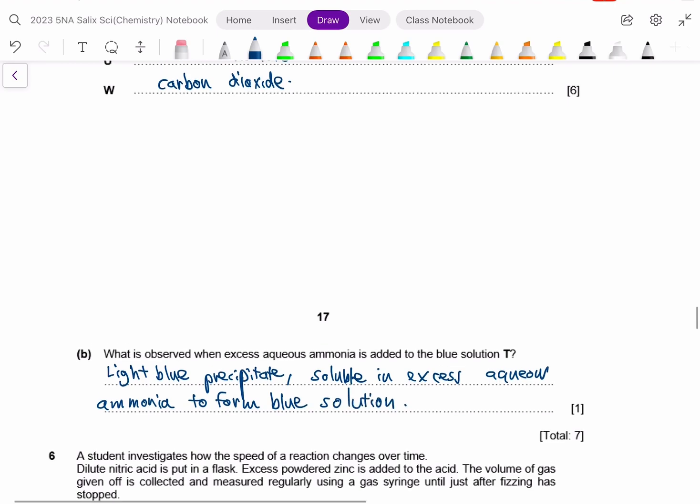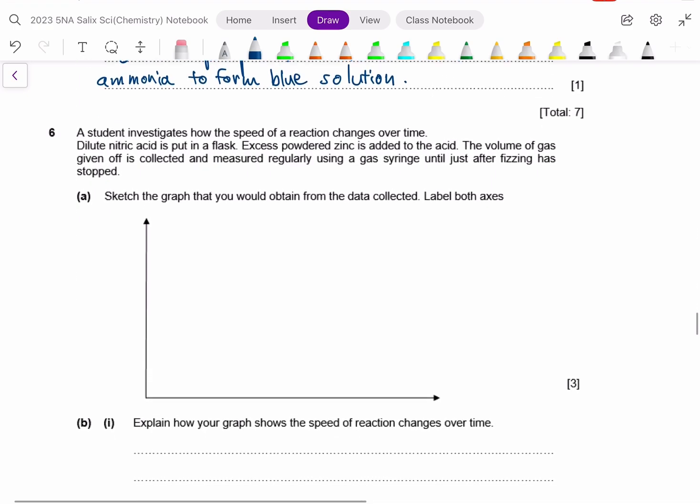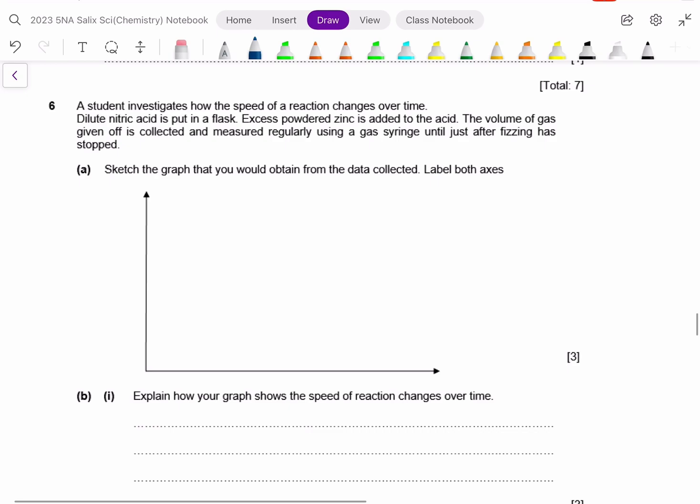Then the next thing is question 6. That's your speed of reaction question. You are told nitric acid is added in a flask, and excess powdered zinc is added to the acid. Then the volume of gas is collected and measured using a gas syringe.